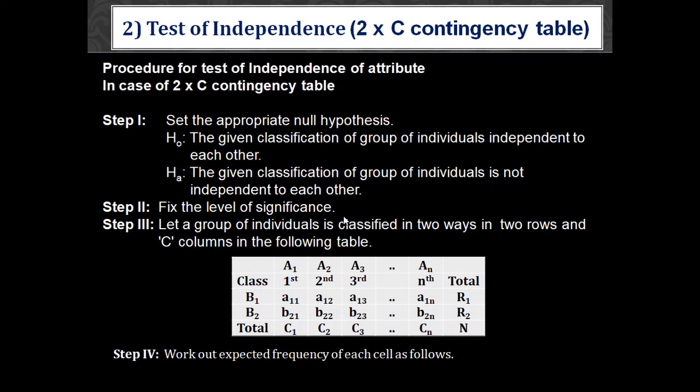Now this is the example of 2 by C. We have 2 rows fixed and C columns. In that situation, you have to work out the expected frequency based on the given row and the given column for a respective cell.